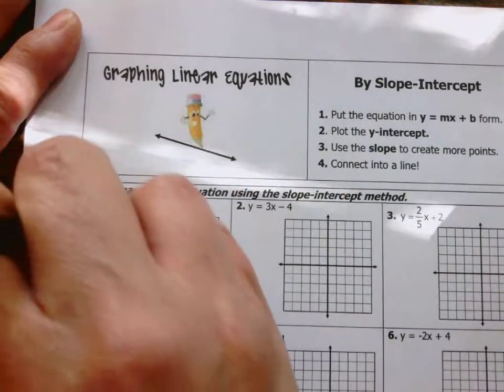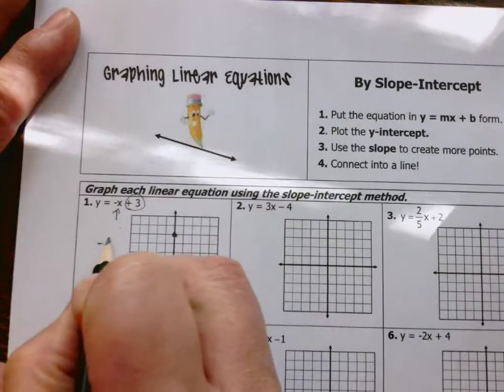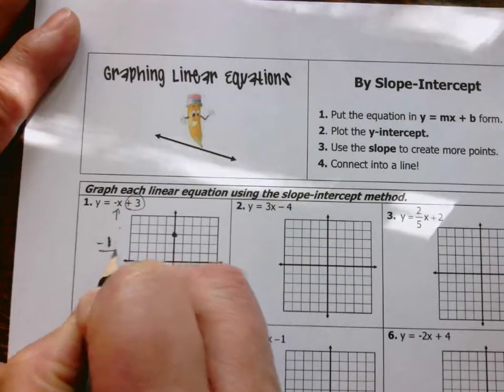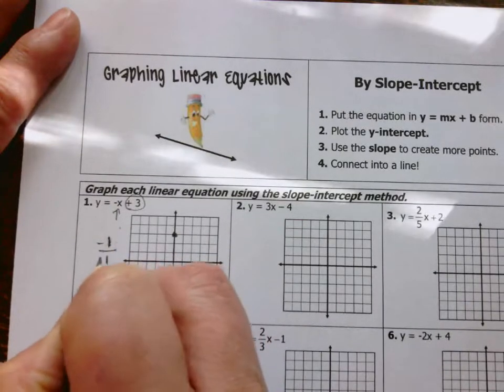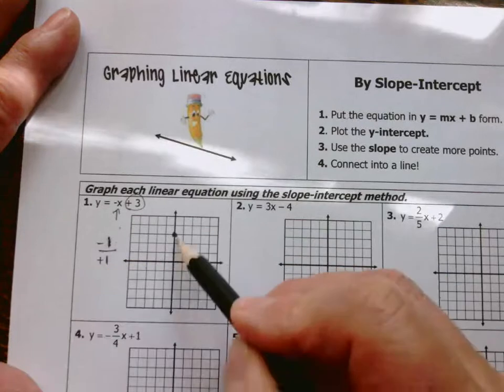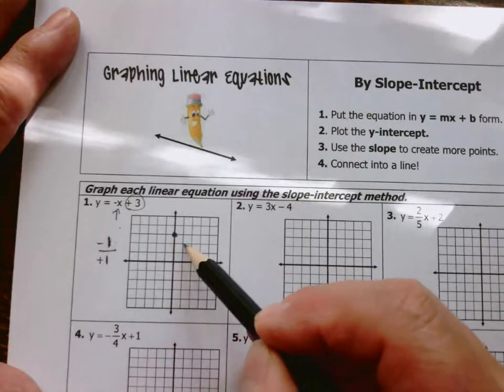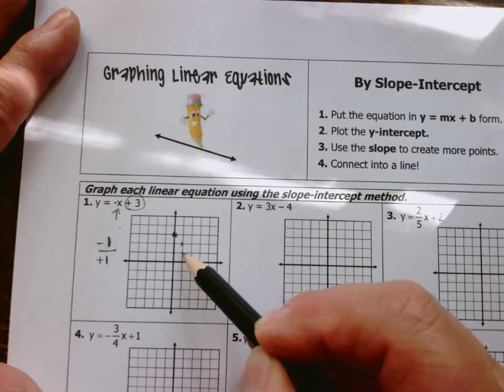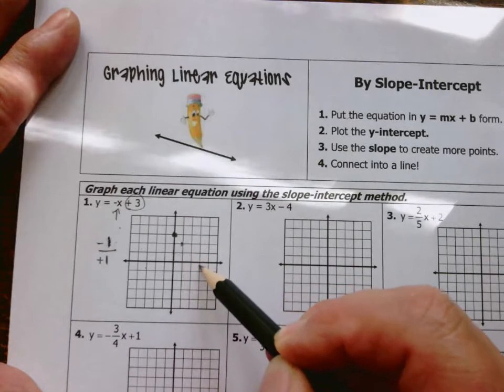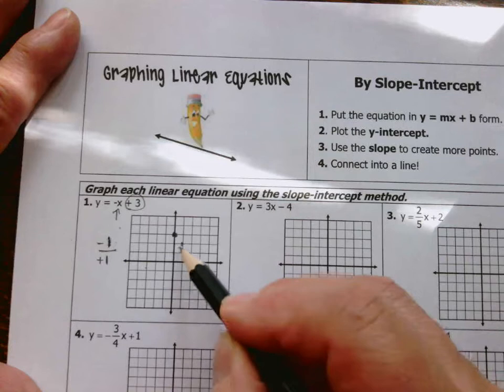Excuse me, that should be a 1. I go down 1 unit in my y value for every right unit I do in my x value. So I go down 1 and over 1, and there's a point there. And I could just keep doing that and find my line.